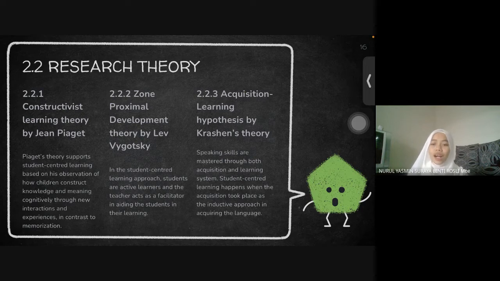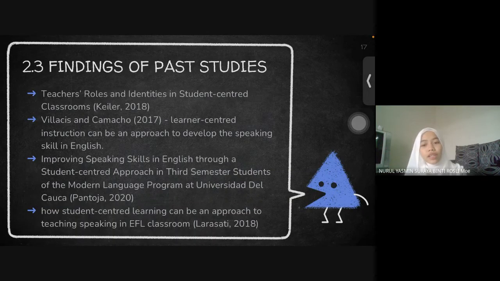To relate this to this study, speaking skills are mastered through both acquisition and learning system, where student-centered learning happens when the acquisition takes place as the inductive approach in acquiring the language. And next, we will look at the findings of past studies.